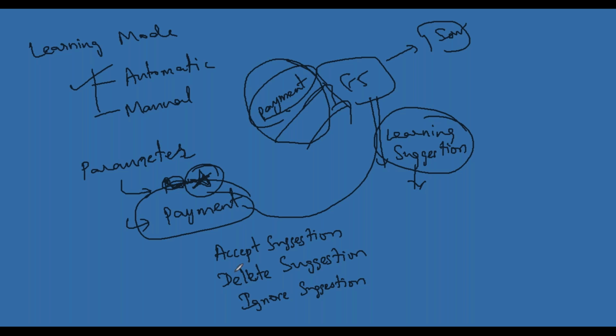So when you say accept suggestion, what this does is each suggestion will have a specific action defined, and that action will be implemented on your security policy. So for example, you have a suggestion in which the action is mentioned as add to parameter list.